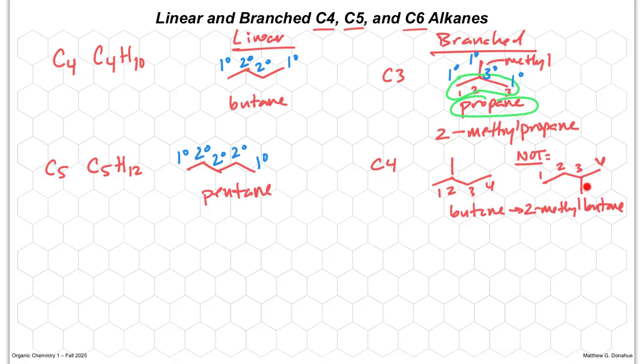So when I drew it this way, I see how I numbered the chain like that. So really, when you get into these more complex ones, you'll find that you can number the chain either left to right or right to left. And you should probably practice doing both ways to determine what the name is so that you see the outcome where the substituents get the lowest possible number.